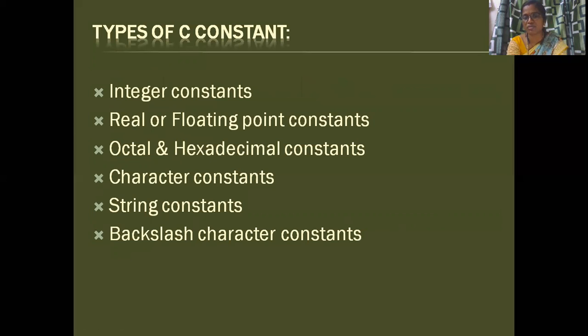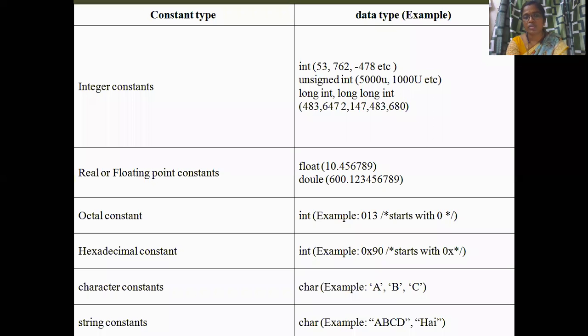So there are types of constants: integer constant, real or floating point constant, octal and hexadecimal constant, character constant, string constant, and backslash character constants. These are the examples. Integer constants, like this we can write all the integers. Unsigned integers, you'll get to know what unsigned means. Unsigned is without telling whether it is a positive or negative number.